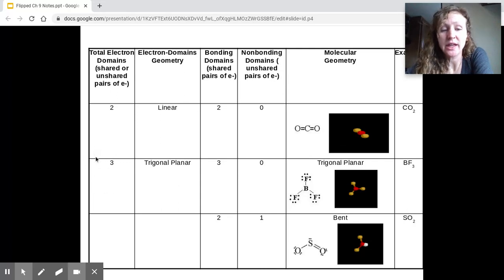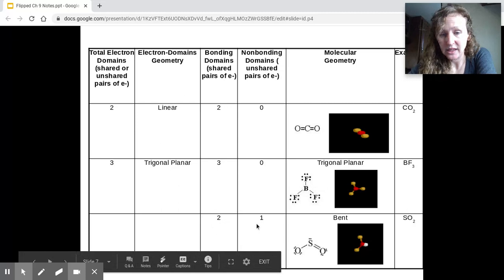Moving on to 3 total electron domains, or 3 total regions of repulsion. That's going to be our trigonal planar shape. If we have 3 bonding and no non-bonding, like in boron tetrafluoride, our angle is going to be 120.